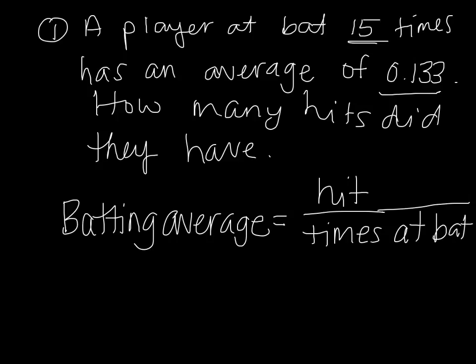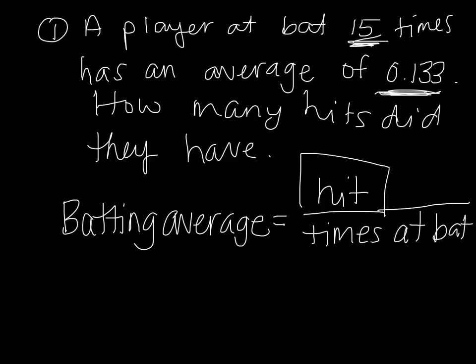So here's what we know. We know this is our batting average. We know this is how many times they were at bat, and we want to know how many did they hit. So this is kind of like 3.4 that we've been working on. So let's plug it in. This one we have to write an equation. So we know the average is number of hits over the times at bat. So now we just have to plug in our information.